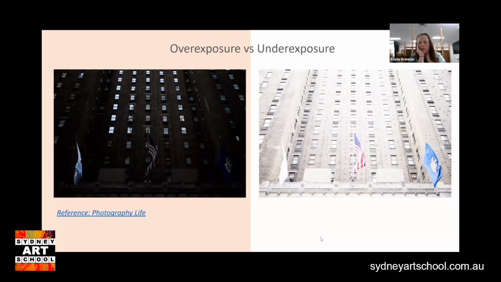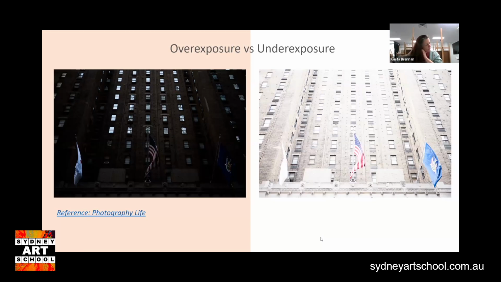Overexposed means that there is too much exposure. The way to think about that is if you let too much light in, then the picture will be very, very bright, to the point of blowing out the details, so that things start to get lost in how light it is. Underexposed means that you haven't allowed enough light in, and so the image will be much, much darker. So the one on the left is underexposed and the one on the right is overexposed.